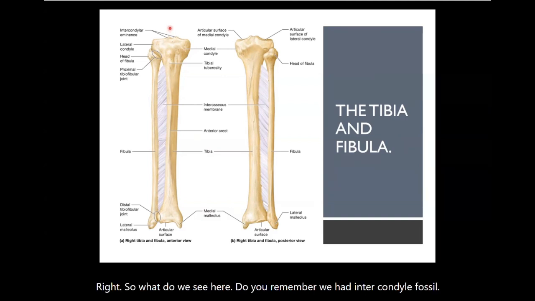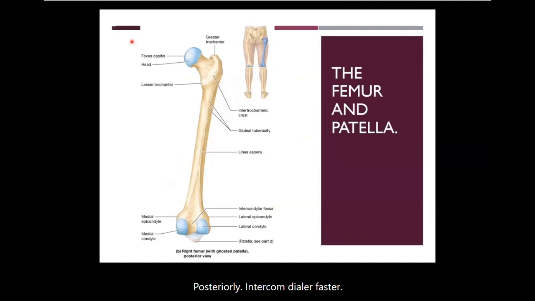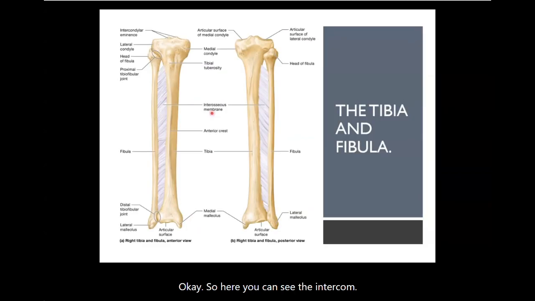So what do we see here? Do you remember we had the intercondylar fossa posteriorly? Intercondylar fossa. Okay, it means that on the other side we're going to see an intercondylar process. So here you can see, actually it's not a process, it's called an eminence, intercondylar eminence, okay?